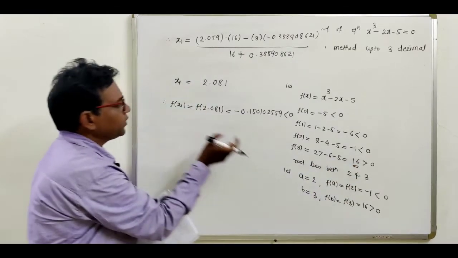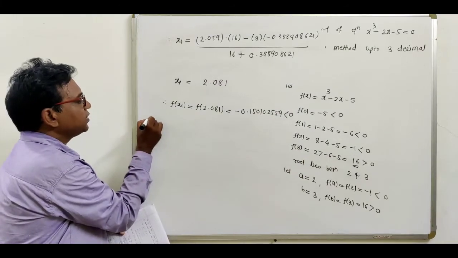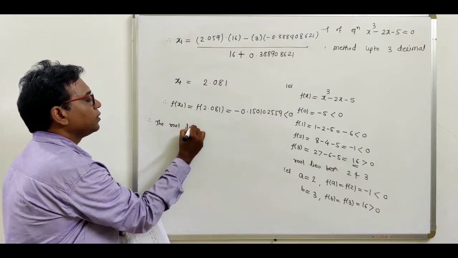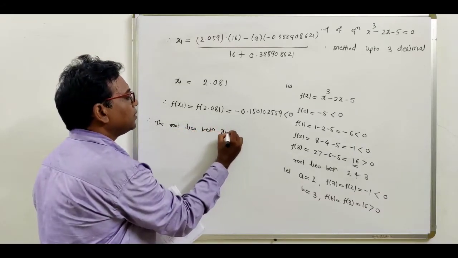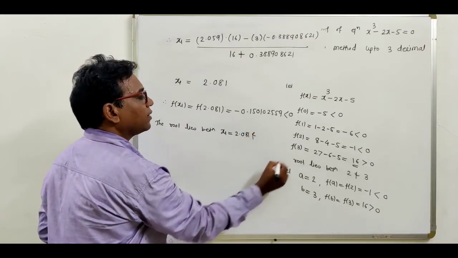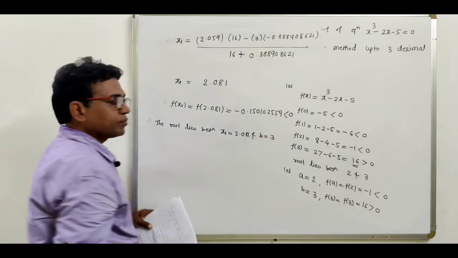So the root lies between this x1 and this 3. So write down the conclusion. Therefore, the root lies between this x1 equal to 2.081 and this b is equal to 3.